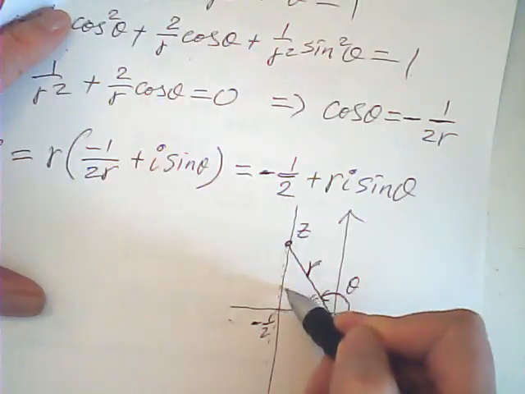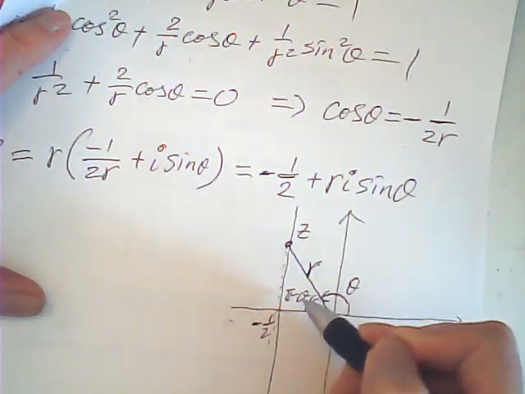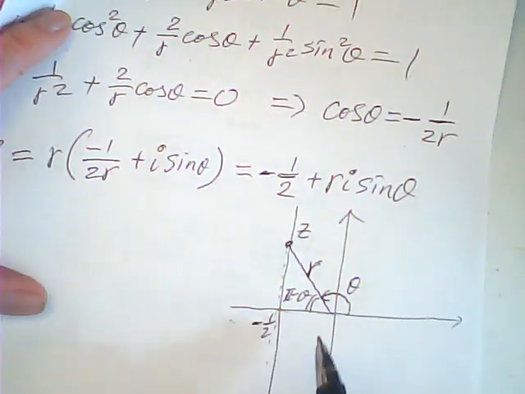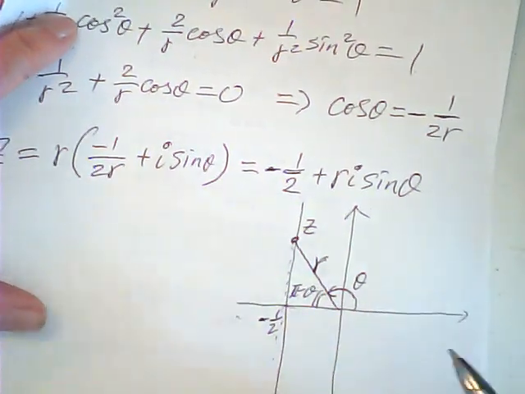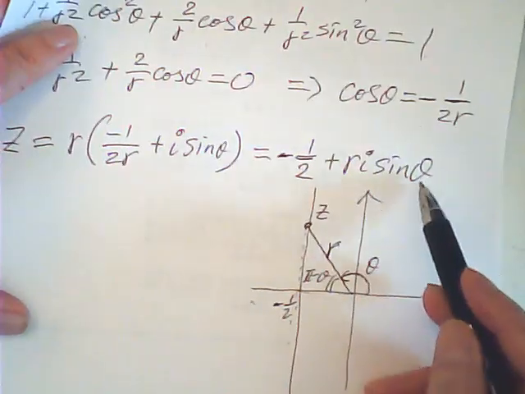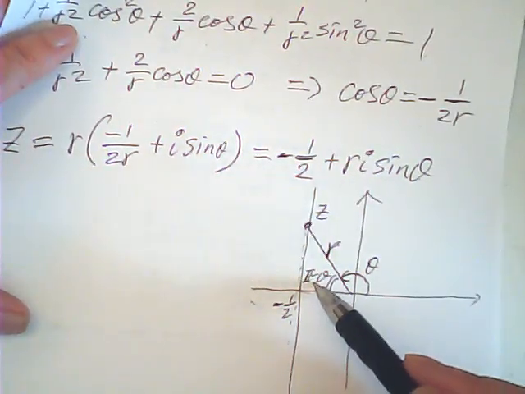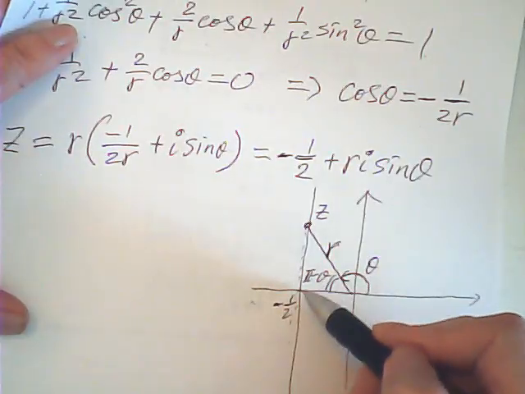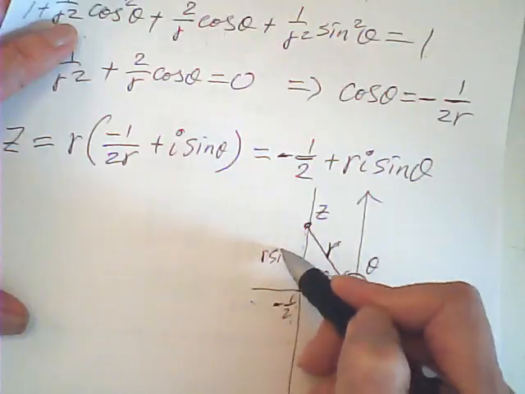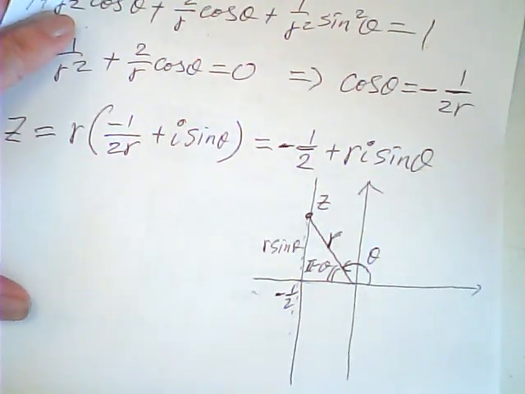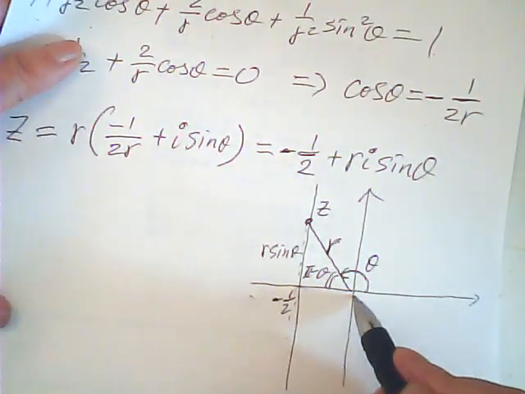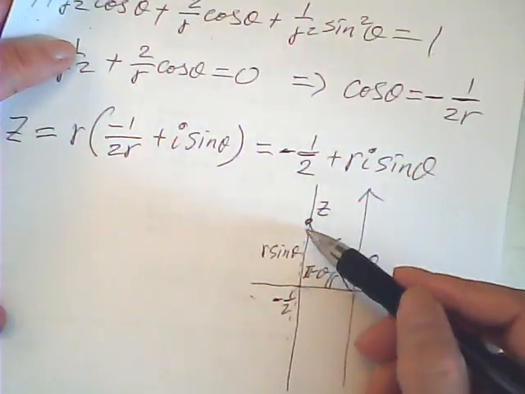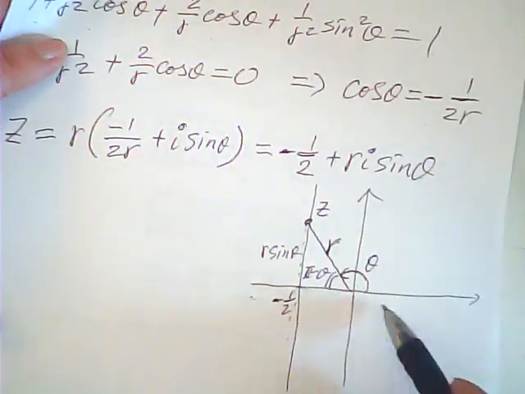This angle is pi minus theta. Sine of pi minus theta, sine theta is the same thing. So in other words, sine theta is sine of pi minus theta. So this line is r times sine theta. This is half. So we can replace this part by tangent.